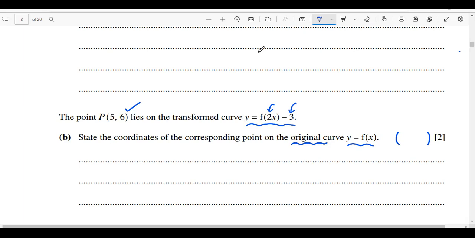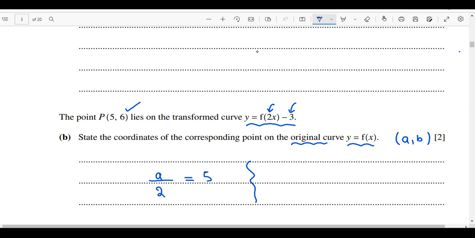Imagine that the initial coordinates are (A, B). Let's say you are not able to think about it this way, so let's do it mathematically. The original coordinates are (A, B). When we are saying 2x, it means A was divided by 2 to give you 5, yes, well done, Haris.